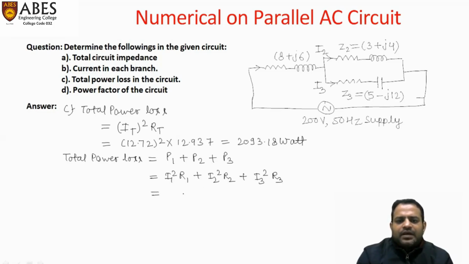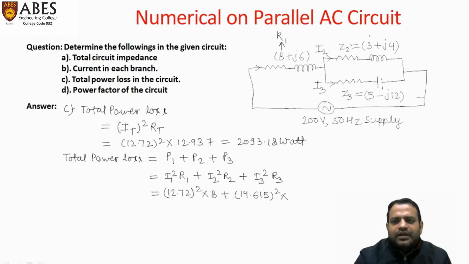So 12.72 square into R1, which is 8, plus I2 square R2, 14.615 square into R2, which is 3, plus I3 square R3, the value of I3 is 5.62 square into R3, which is 5.